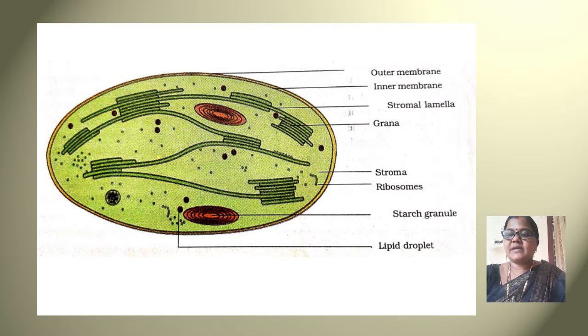These are the parts of the chloroplast: first the outer membrane and inner membrane, and inside the chloroplast the stromal lamella, and under it the grana are present. Inside is the stroma, with ribosomes, starch granules and lipid droplets. So this is the structure of the chloroplast.